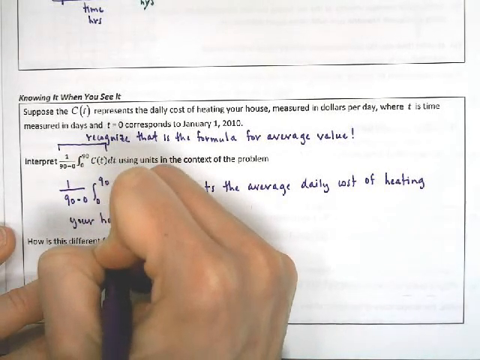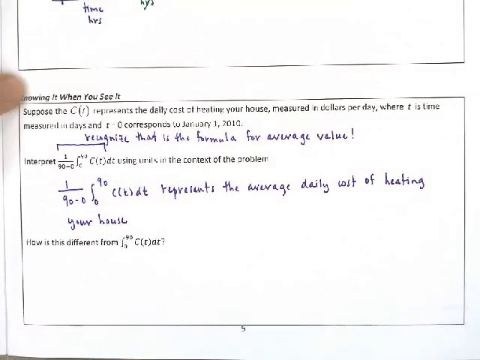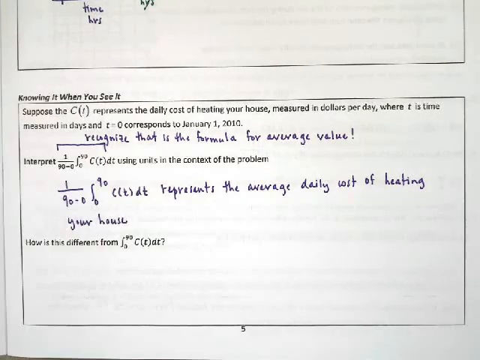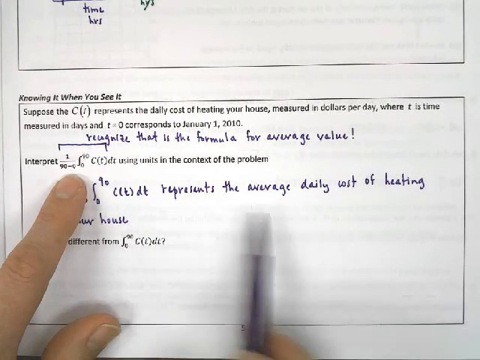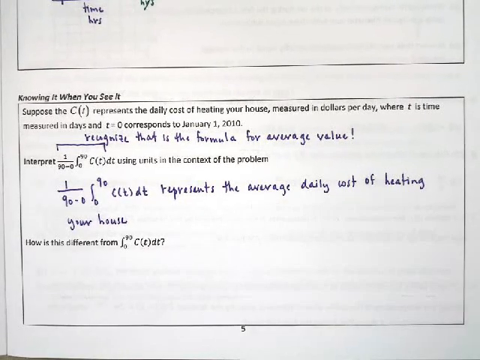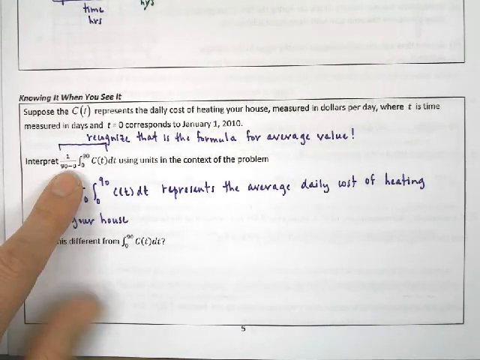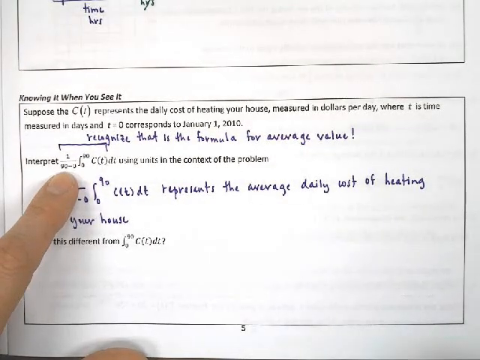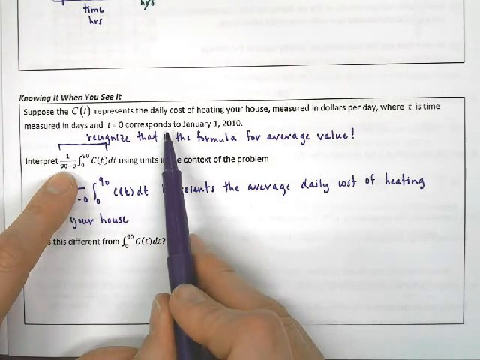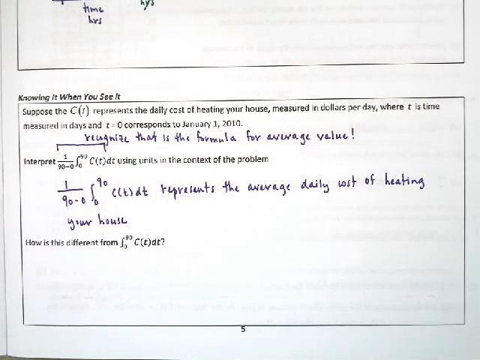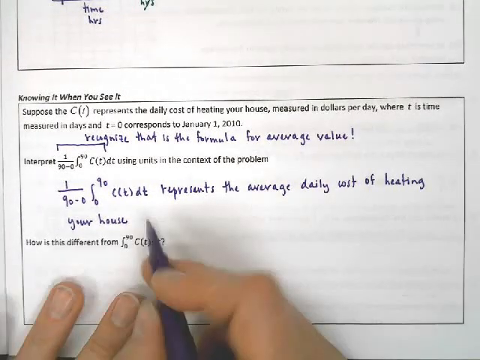Okay, that's kind of part one. So recognizing they gave us the average daily cost of heating your house, and this represents the average of that. Now, we need to specify, this was on the interval from 0 to 90. So that really represents the first 90 days of January of 2010.